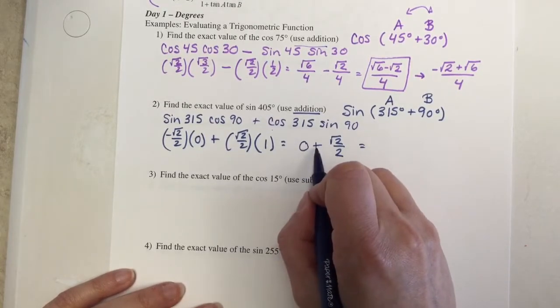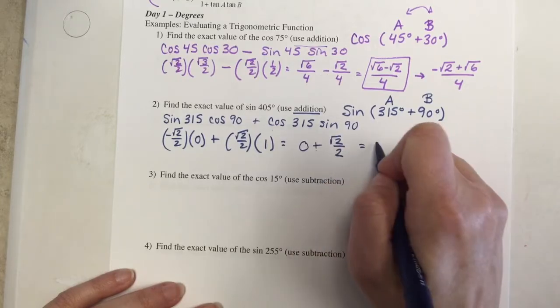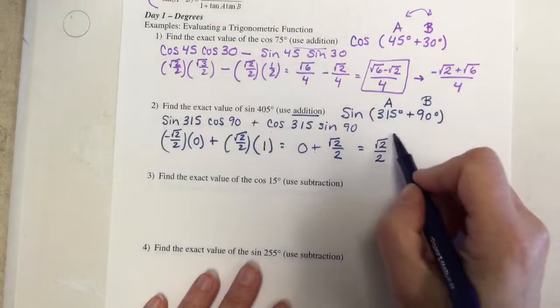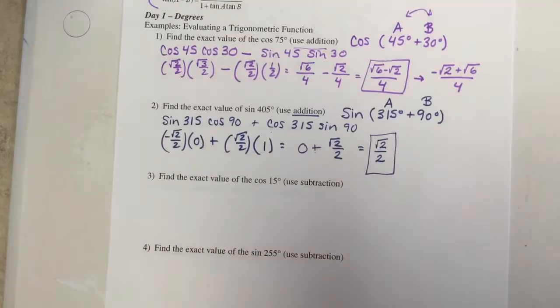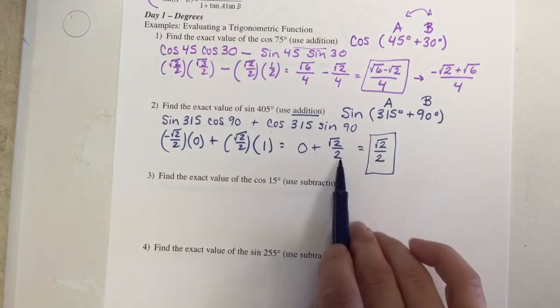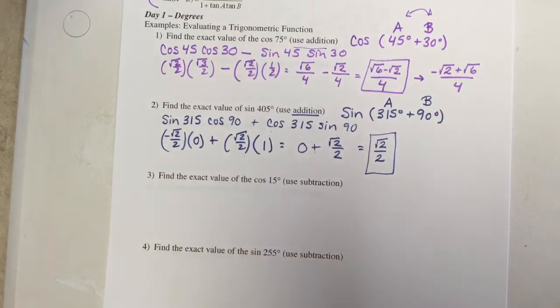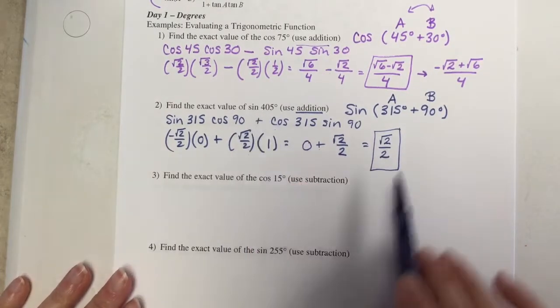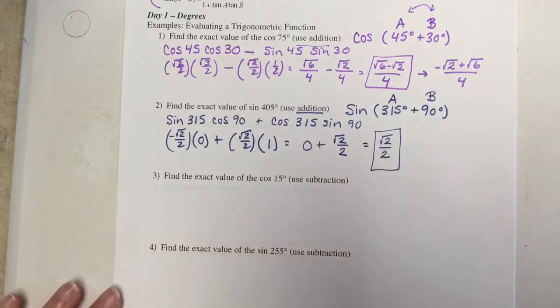So 0 plus square root of 2 over 2 is square root of 2 over 2. And again, that's the additive identity from Algebra 1. Remember, what can you add to a value and have it not change? And here is the multiplicative identity. Holy smokes, flashbacks to 9th grade, guys. This would be your answer. So the sine of 405 degrees is the square root of 2 over 2.